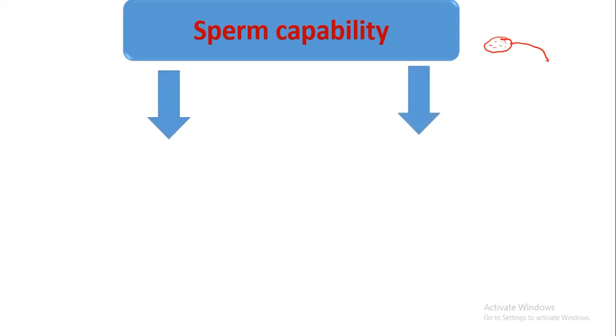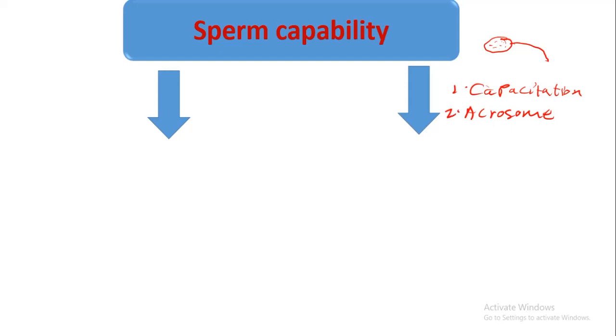These two important stages are known as capacitation and the acrosomal reaction. So there is capacitation and acrosomal reaction.